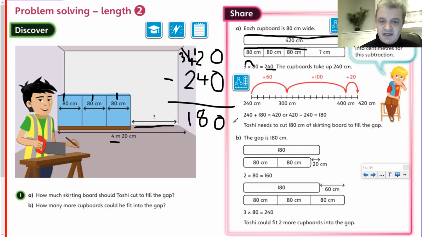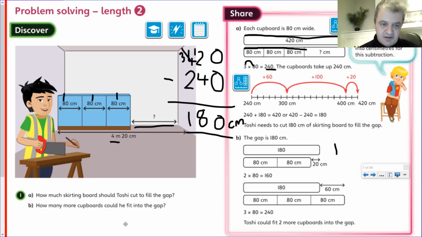So we've got a gap left of 180 centimeters. So Toshi needs to cut 180 centimeters of skirting board to fill the gap. Let's go through this question. That's straightforward.